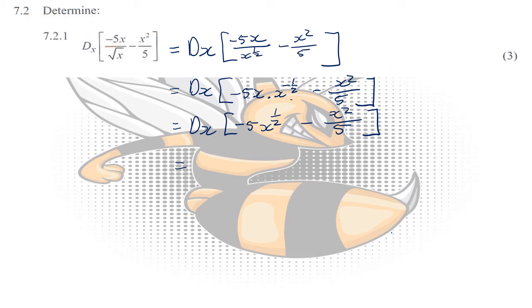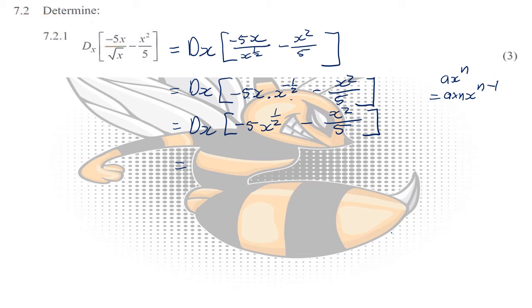And to take the derivative the quick way, remember if we have ax to the power of n, we take the exponent, we multiply it with the number in front of the x, so it becomes a times n times x to the power of n, and we subtract 1 from the exponent.